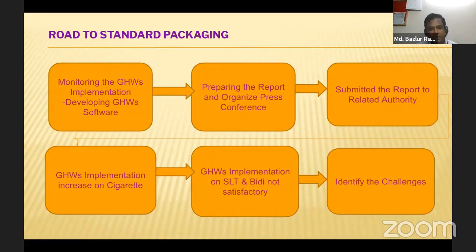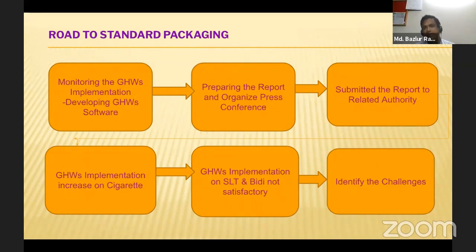We covered all subsections of Section 10, and after collecting the monitoring data, we prepared a report and organized a press conference to disseminate the outcomes, highlighting the violations of graphic warnings implementation. Then we submitted it to the related authority.